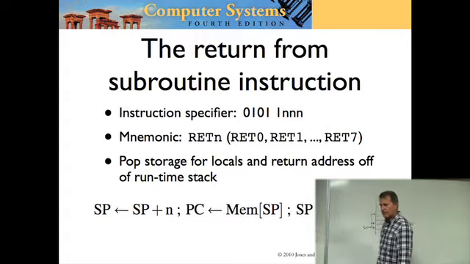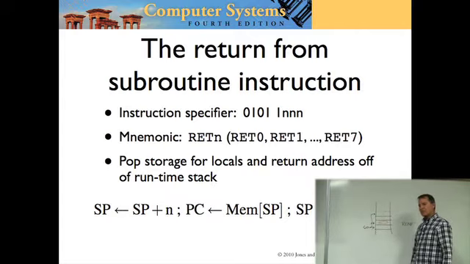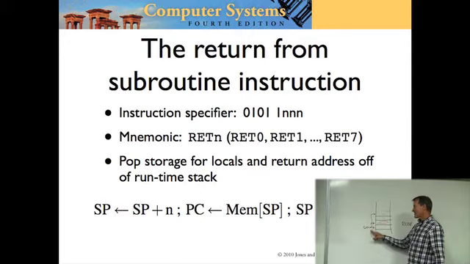So can you not have more than 8? That is a really good question. The answer is this is a shortcut for if you have 8 or fewer bytes on the runtime stack that you want to deallocate. Otherwise, you have to do it manually, and it takes 2 instructions: one to add to SP 12 or however many, and then ret 0.